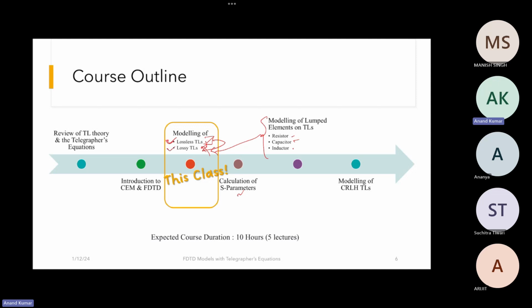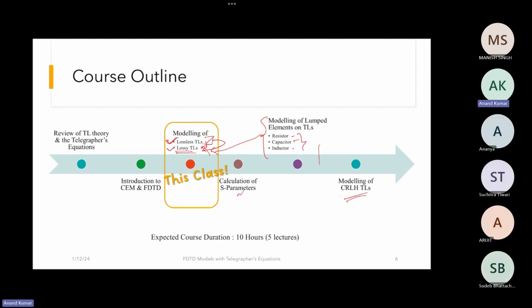I'll share the code for the lossless, and this will be your assignment. We'll see how much we'll be able to cover in the next 2-3 classes, and if we have time we'll model CRLH, or you can do this once we have covered all these things. All these things can easily help you model the CRLH transmission lines.